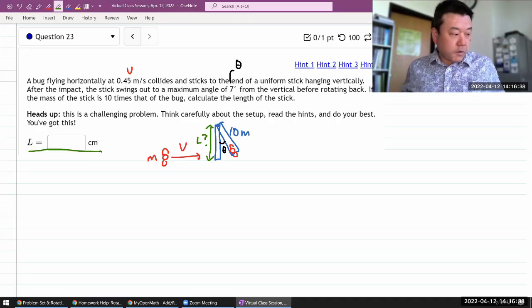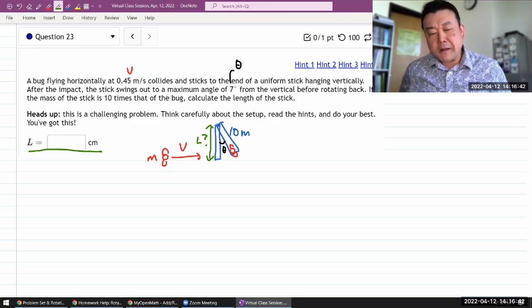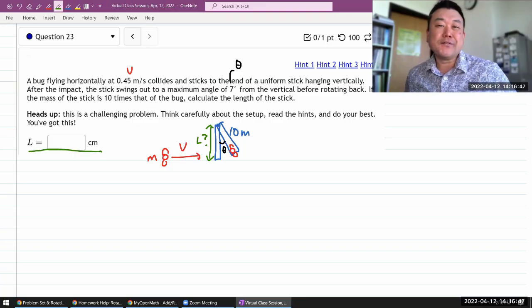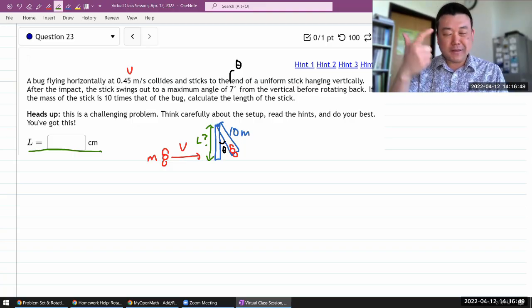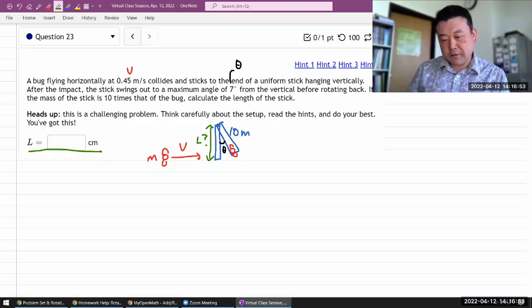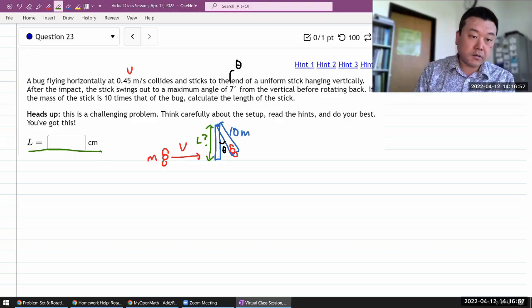So, as you are looking at a question like this, we are now late enough in the semester where you have a lot of problem-solving tools in your toolbox. You have a standard strategy, you have kinematics, and of all those tools, what I would say should be your first go-to are conservation laws.